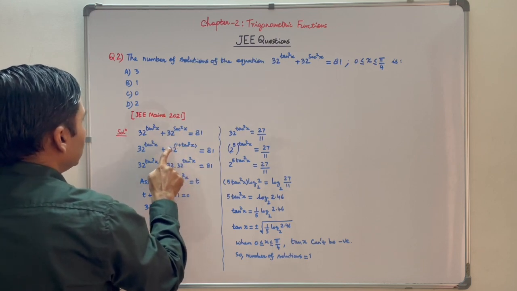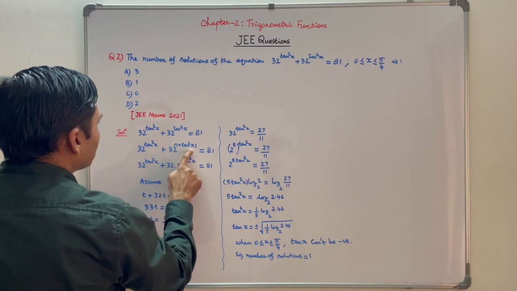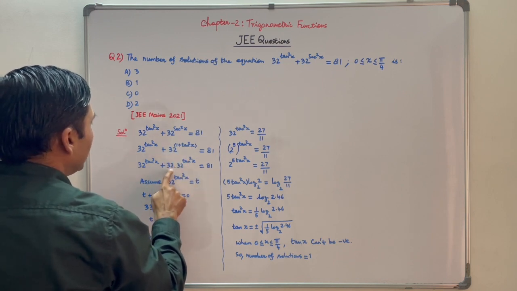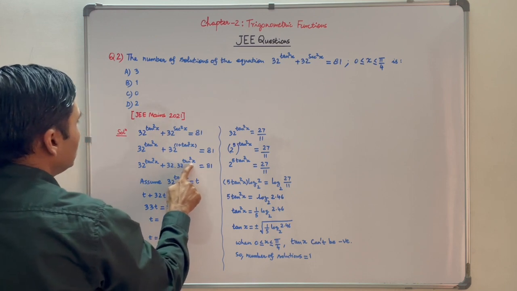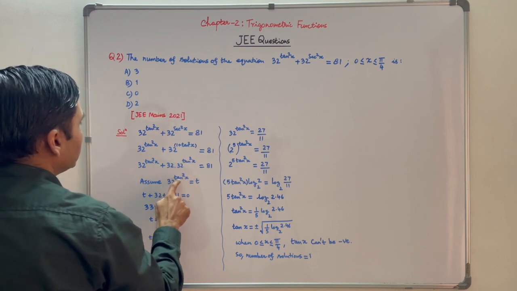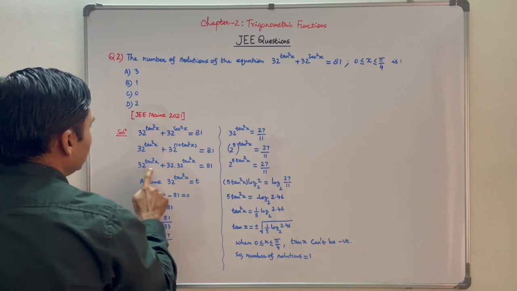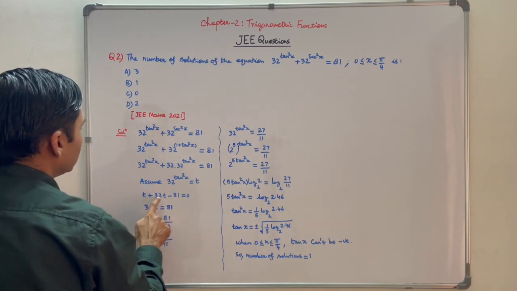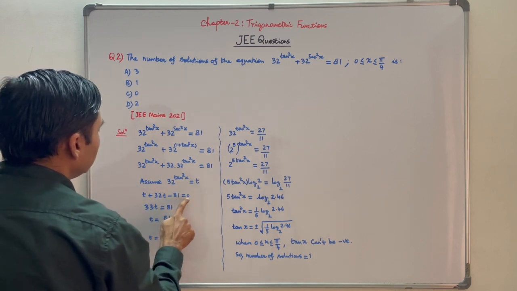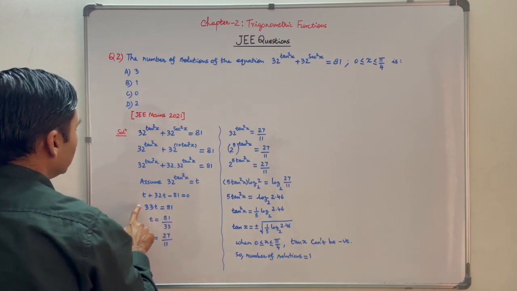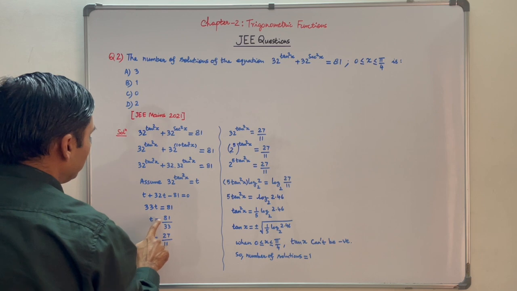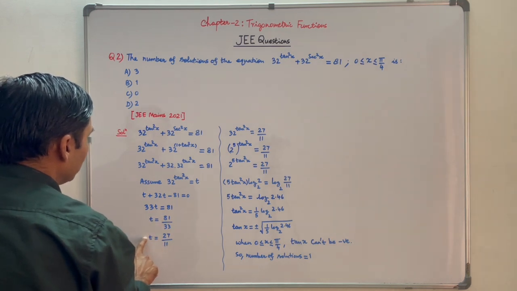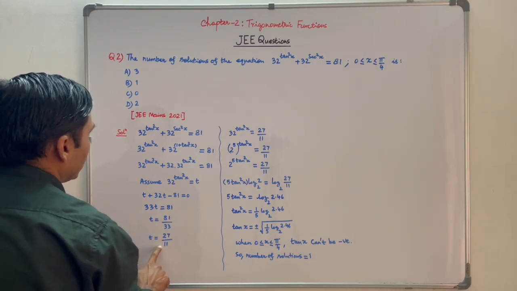Now we can split 32^(1 + tan²x) as 32^1 into 32^(tan²x). Now assume 32^(tan²x) is equal to t. So this equation becomes t + 32t - 81 = 0 or 33t = 81 or t = 81/33 or t = 27/11.